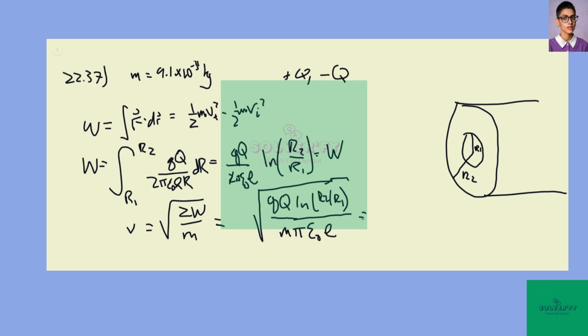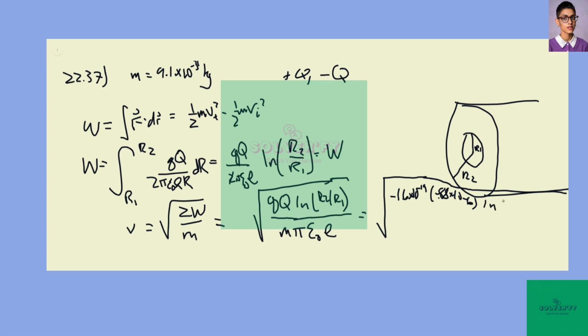All of these values are given to us from problem 36. So let's plug this in. Our little q is negative 1.6 times 10 to the negative 19. Big Q is negative 0.88 times 10 to the negative 6. I'm going to go ahead and continue on down here.